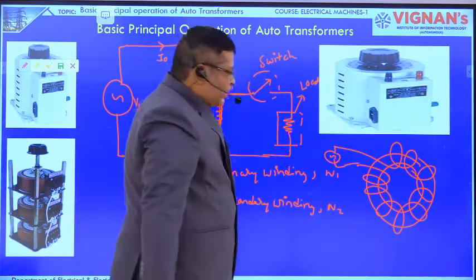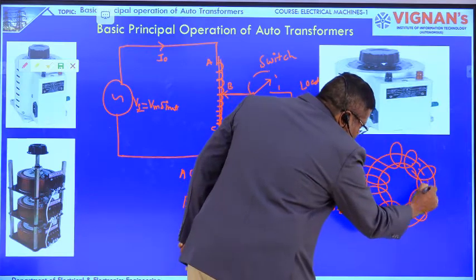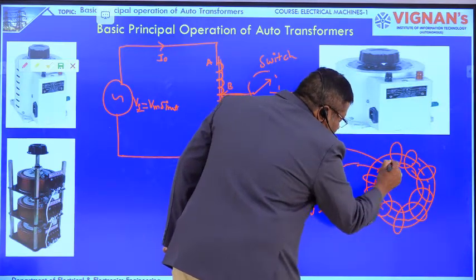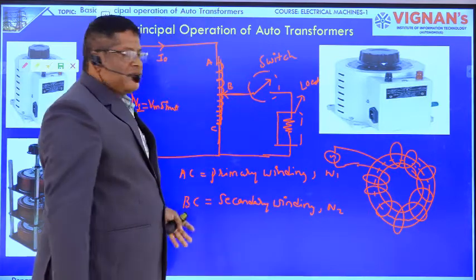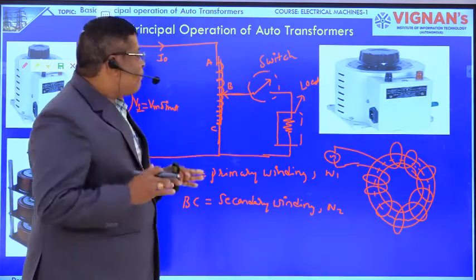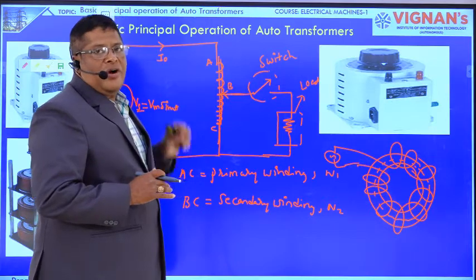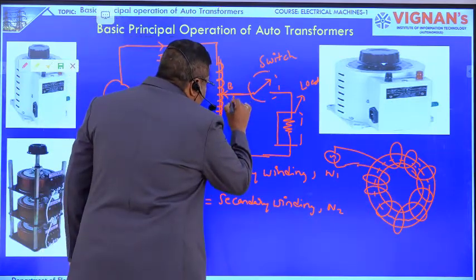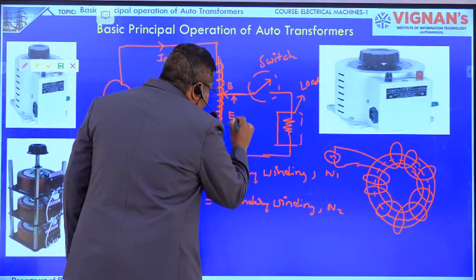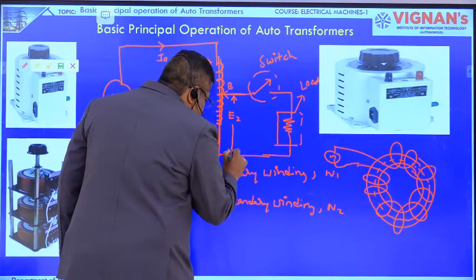Whenever you apply the voltage, the flux is created and flows through the core, linking with its own number of turns. So there is a self-induced voltage in the AC coil. But some amount of voltage will be induced in BC, which you take as E2.